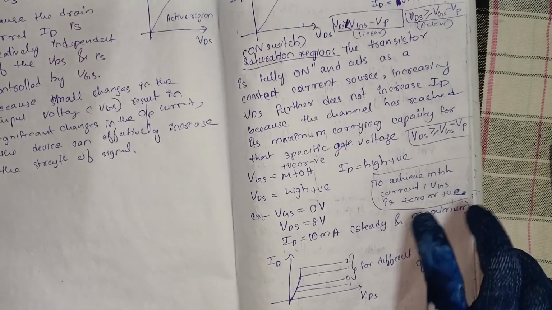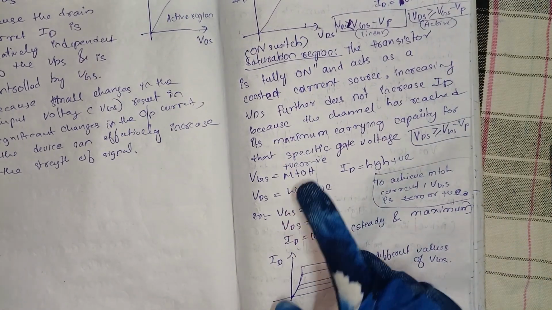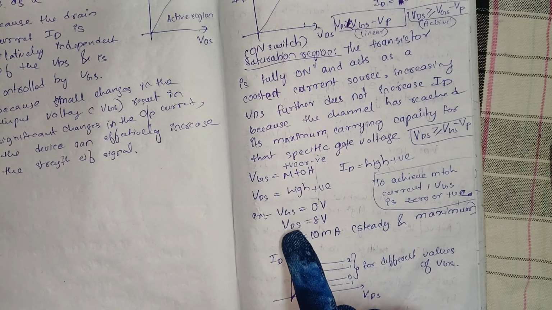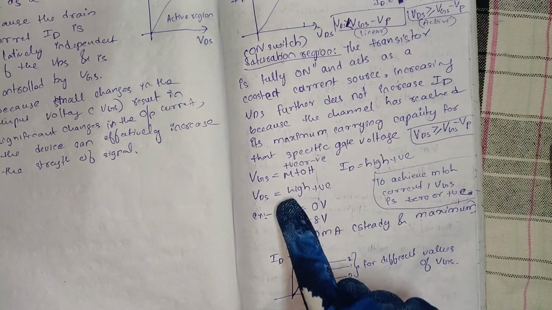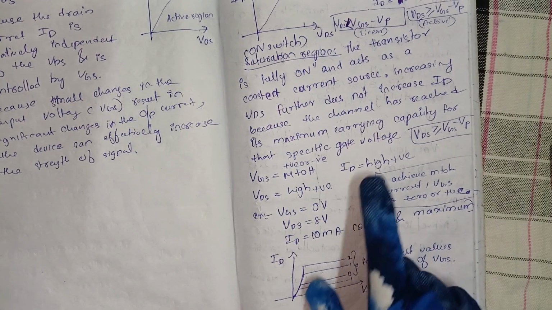So here we have to check the conditions. VGS is 0, that is satisfied, positive or negative, medium to high, and VDS 8 volts means high positive, and ID 10 which is high positive.